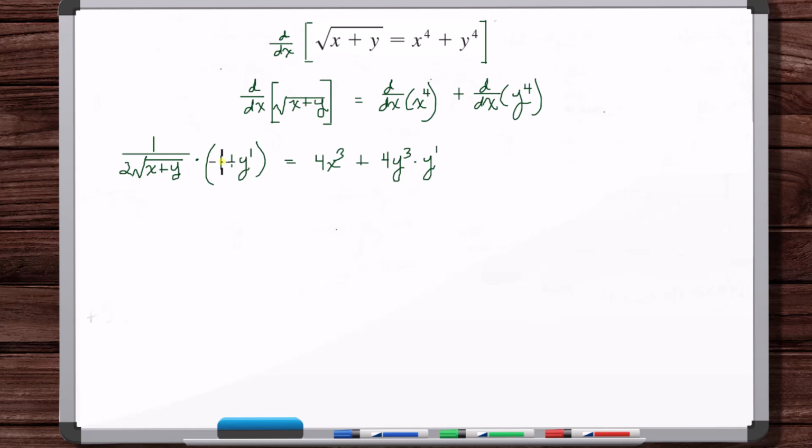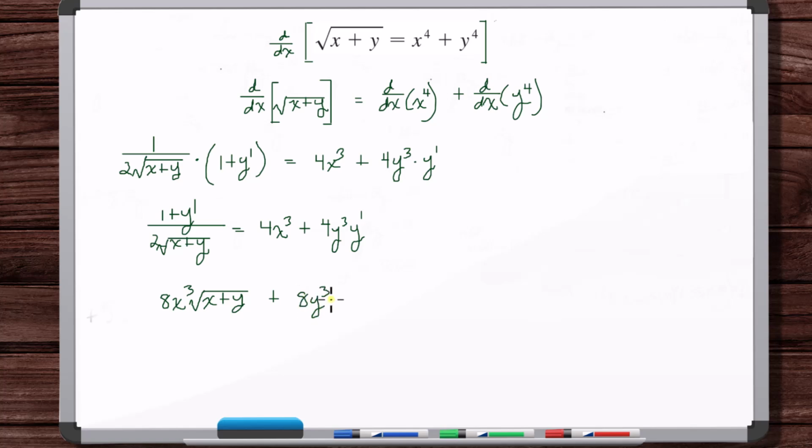We just solve for y prime. So we've got, okay, let's cross multiply, and if we do that, we've got 8. Okay, let's bring all of the y prime terms to one side.